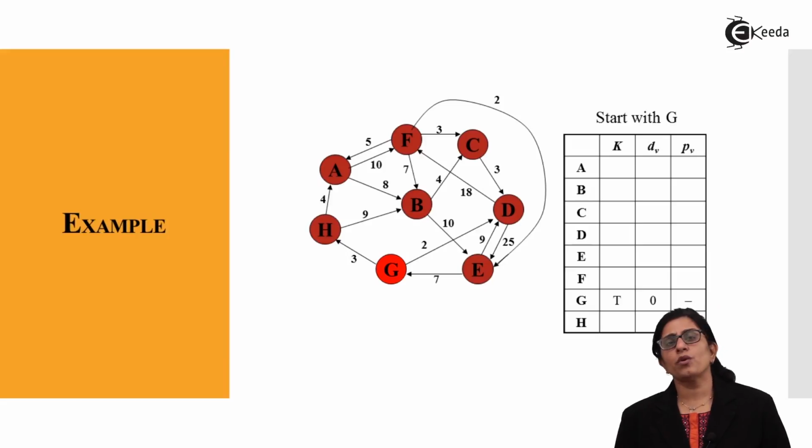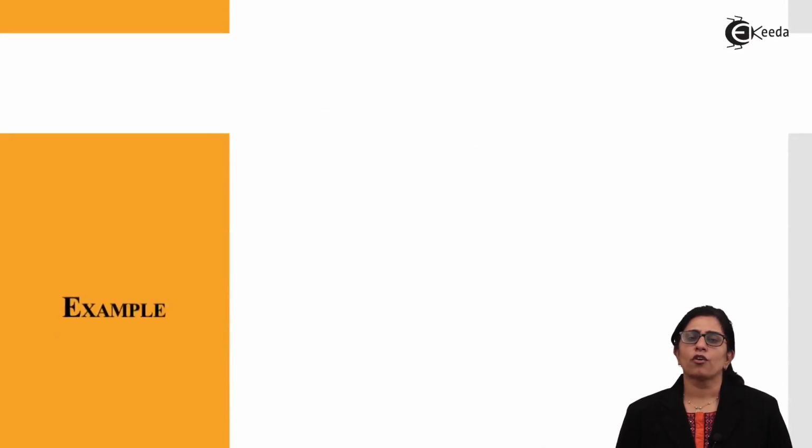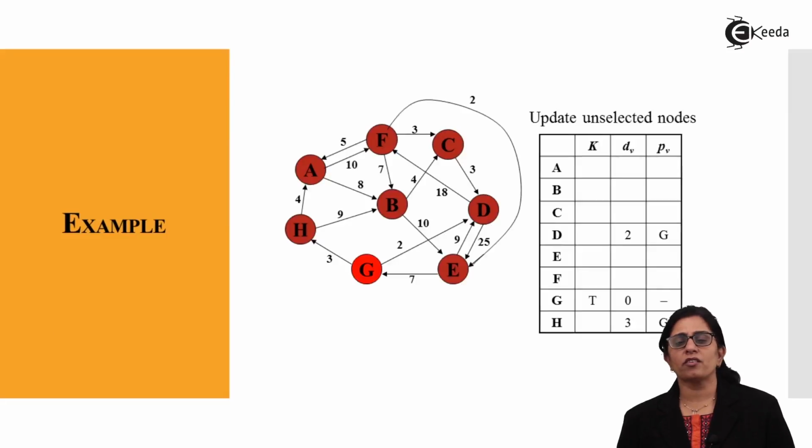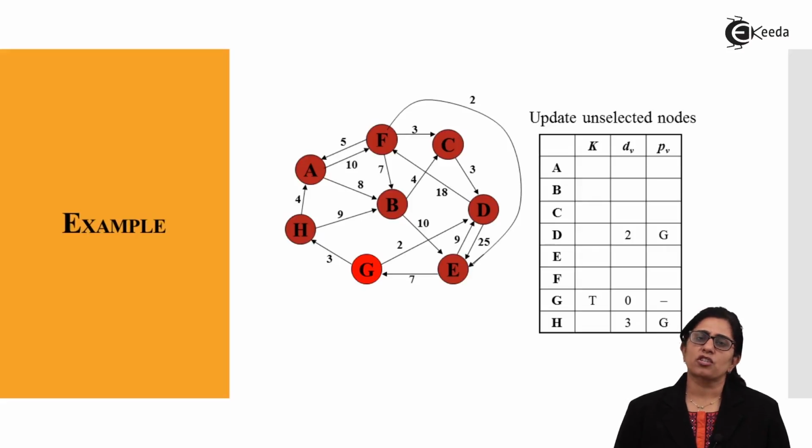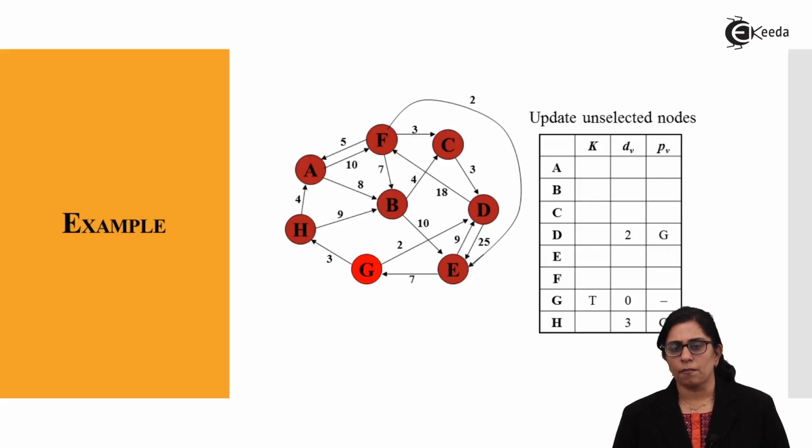So what do we do next? We find out from G where all we can travel. That is the out arrows going from G. The out arrow direction from G we have to calculate. From G, if you see here, I can reach D with a distance of 2 and I can reach H with a distance of 3.